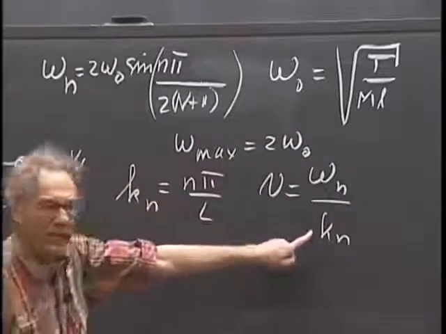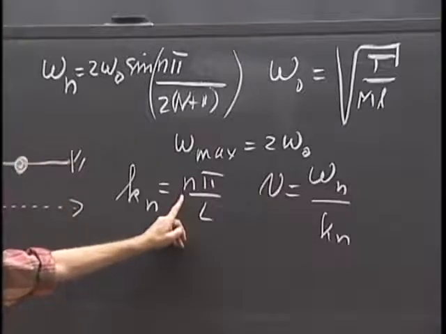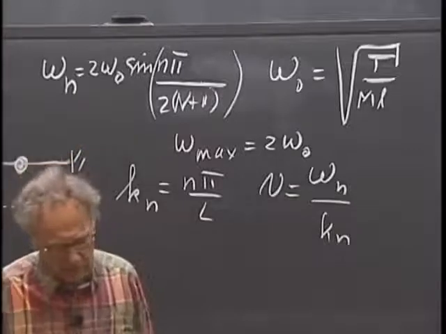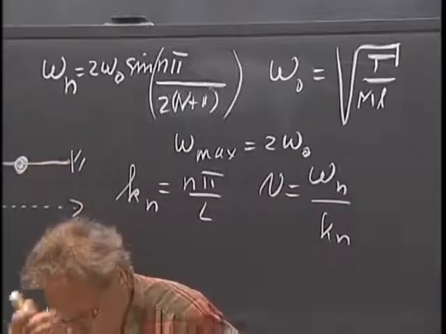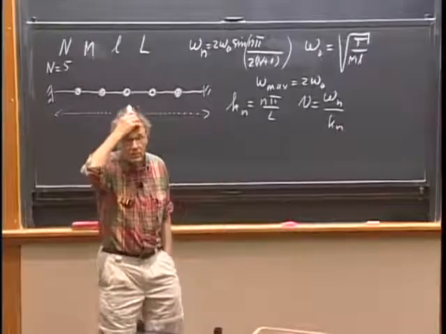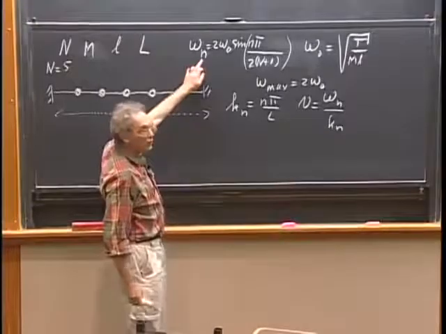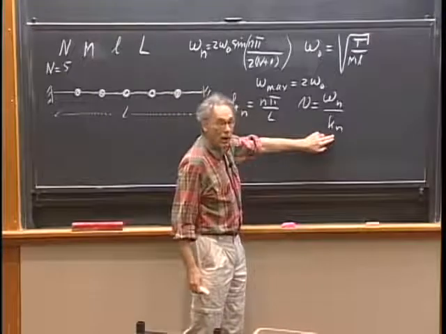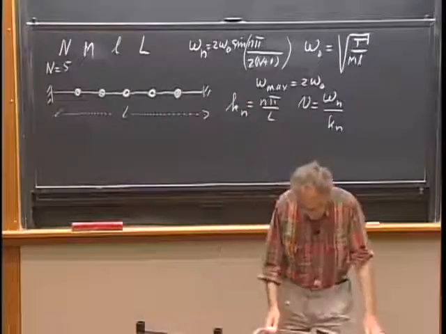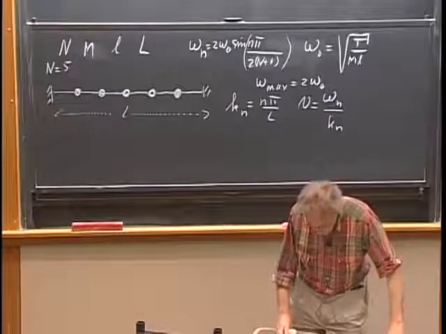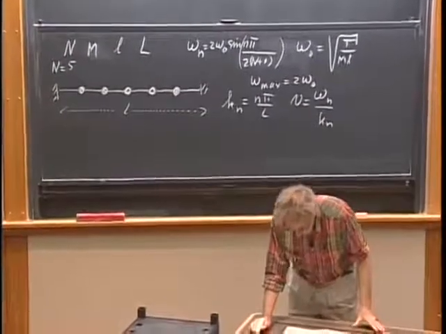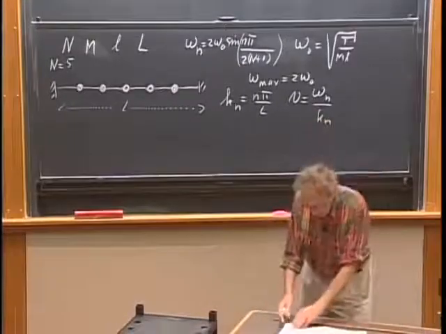Since k of n goes up linearly with n, but omega n does not, it is clear that the speed of propagation is lower for higher frequencies. When you go to higher values of little n, k goes linearly up, but omega n goes slower. And so you see here an example of dispersion, namely that the speed of propagation is lower for higher frequencies than for lower frequencies. And therefore, it also depends on wavelength.